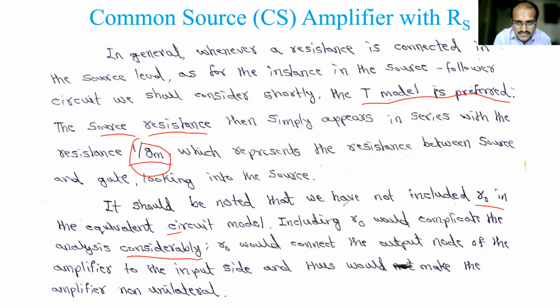In the previous analysis, we took it at the outset as a unilateral amplifier and did the straightforward analysis. But if we now consider R naught, it becomes non-unilateral and the analysis becomes complex. These are some of the explanations given so that you should not have any doubts about why R naught is not included.